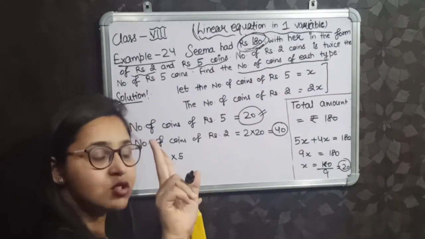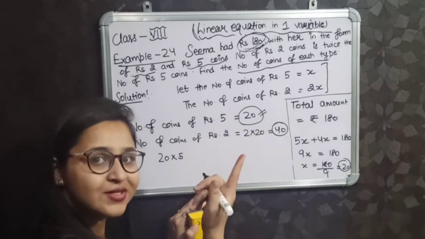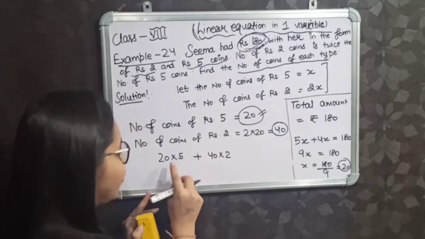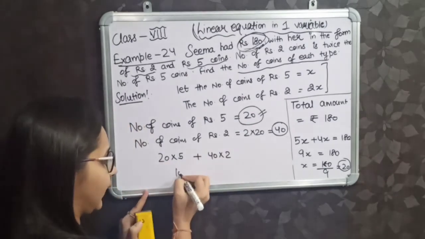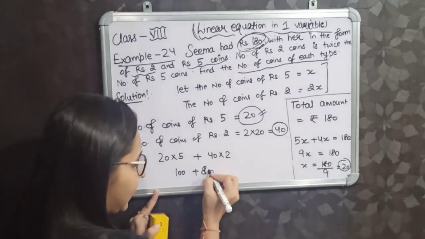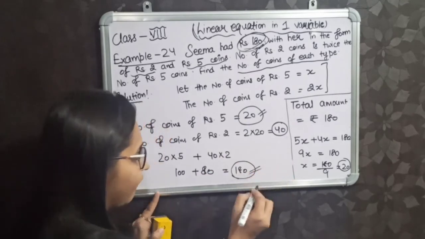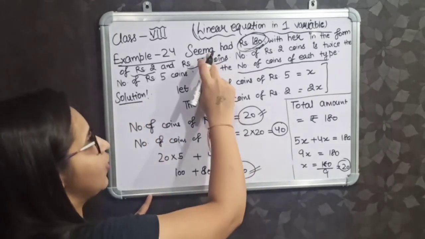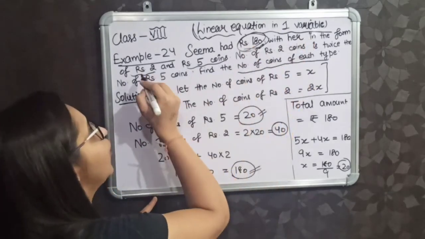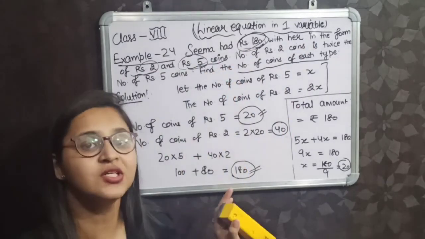One coin costs rupee 2, so 40 coins cost 40 multiplied by 2. I will add this: 20 multiplied by 5 gives you 100, plus 40 multiplied by 2 gives you 80. And finally, it will give you 180. And see, verify: 180 was the amount that Seema had in total with her in the form of rupee 2 and rupee 5 coins. So our solution is verified.